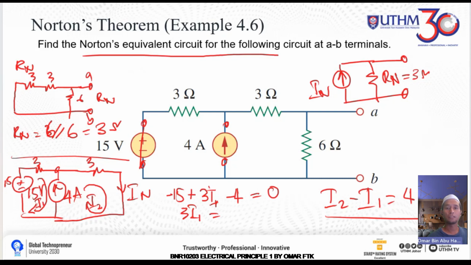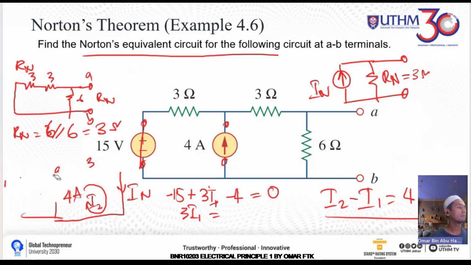Example 4.6. Okay, I think in this case we have to do the source transformation. Instead of using the voltage source, we can transform it into the current source, otherwise we might find it difficult to solve this part.